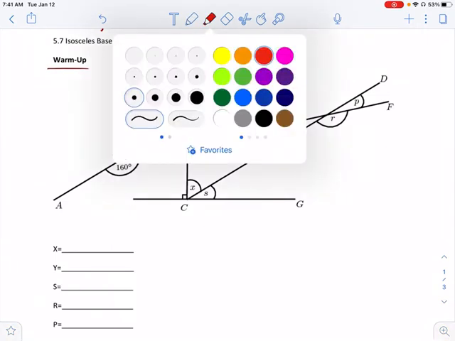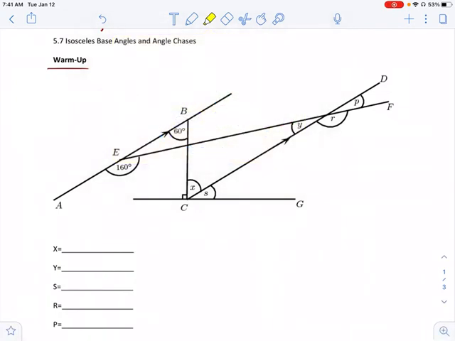And the first thing that I would highlight is that I have these two parallel lines. So I have a bunch of angle relationships if I want to use them. The first one that I'm going to make note of is this 160 degrees has to be equivalent to R. And those are corresponding angles.